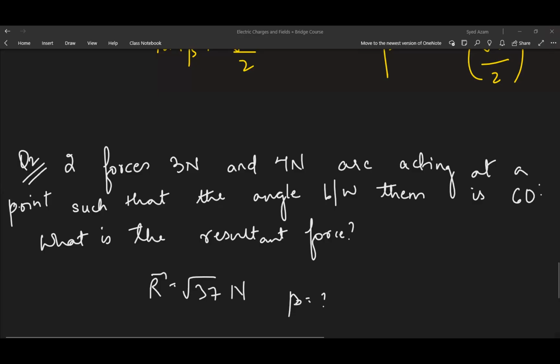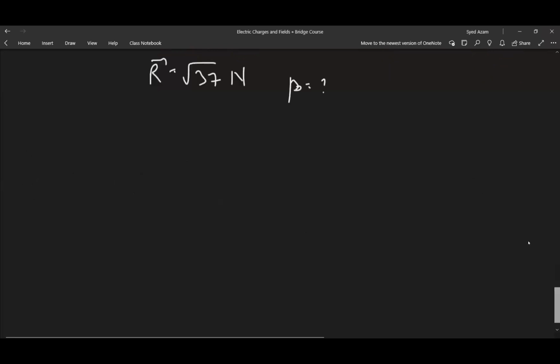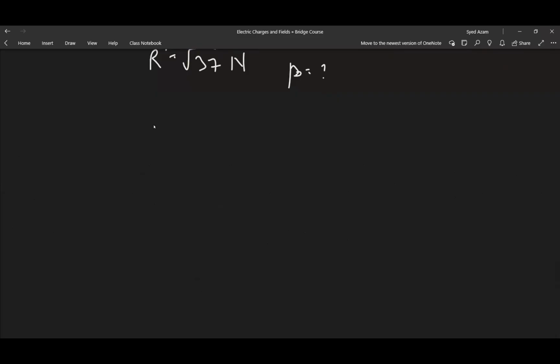That was regarding the resolution of vectors. But before we start with that, just one more thing. If you have forces present and some force acts on a body of mass m, when the acceleration is asked, you have to recall Newton's second law.